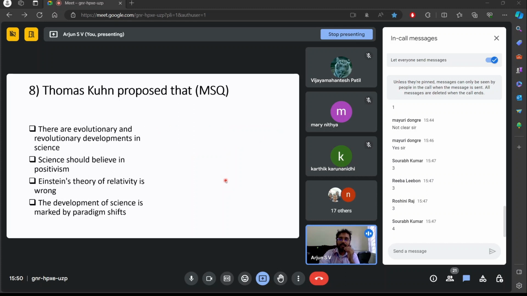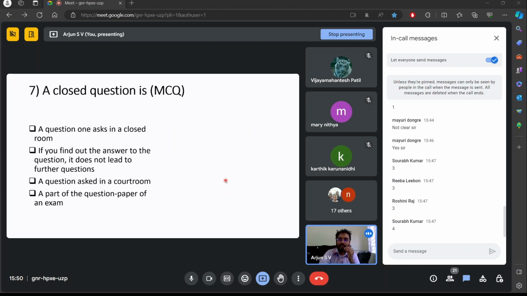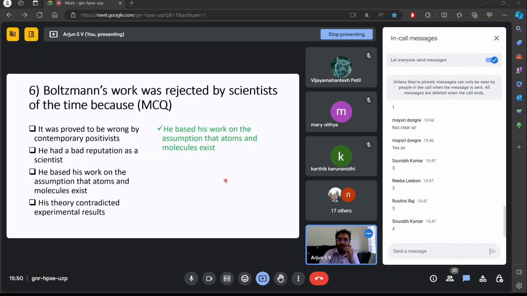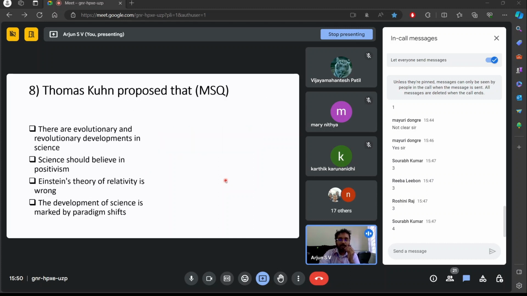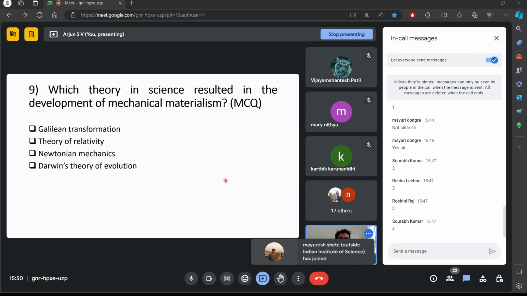Question eight, Thomas Kuhn proposed that... yeah. Question number six, I'm still pretty skeptical about it because options one and three can also be correct, but let's take it next week. Thomas Kuhn proposed that there are evolutionary and revolutionary developments in science, and option four, the development of science is marked by paradigm shifts.